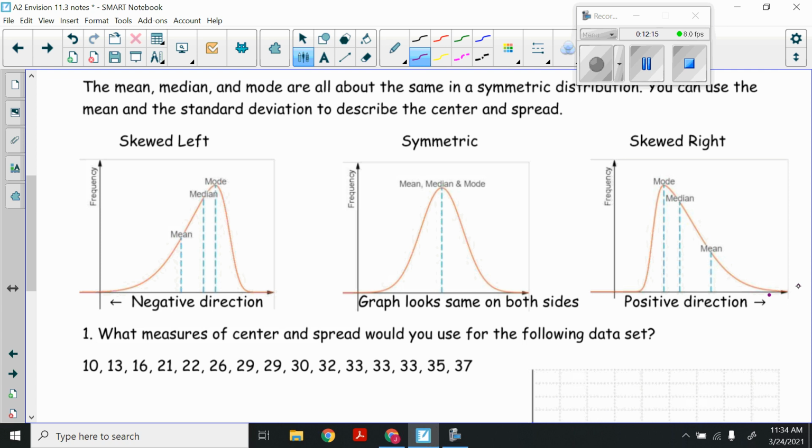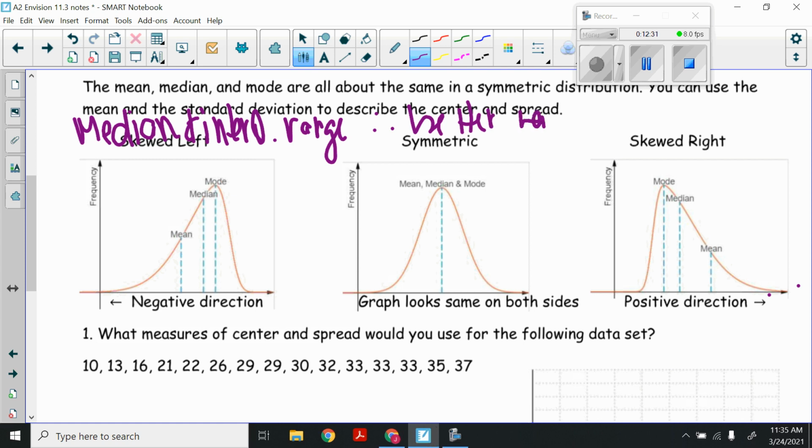The median and interquartile range are less affected by skewed data, therefore better representations of skewed data.